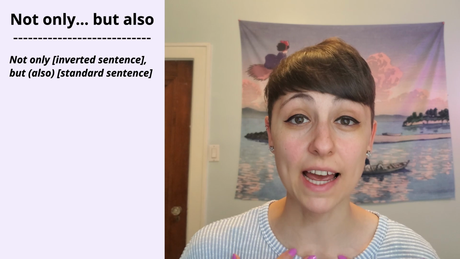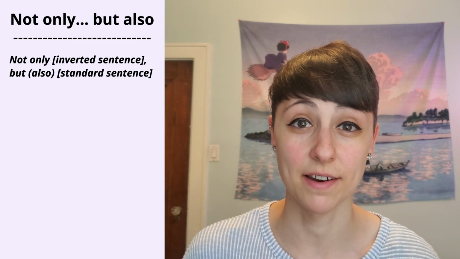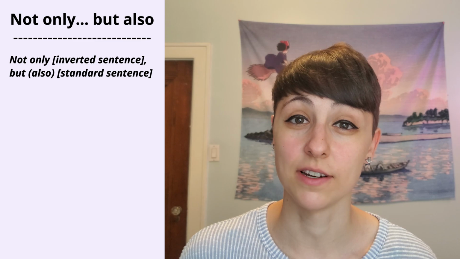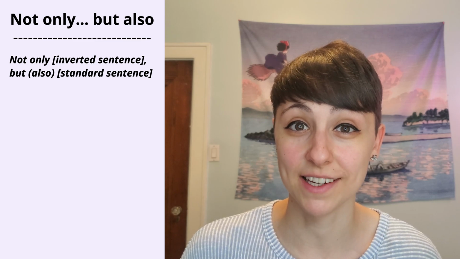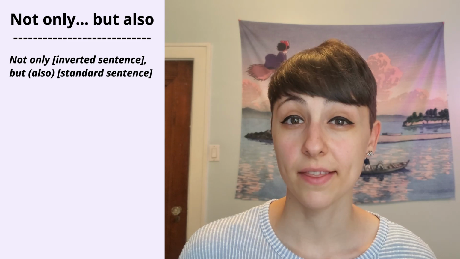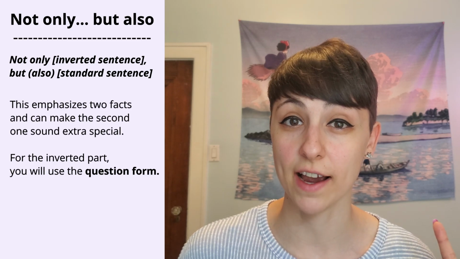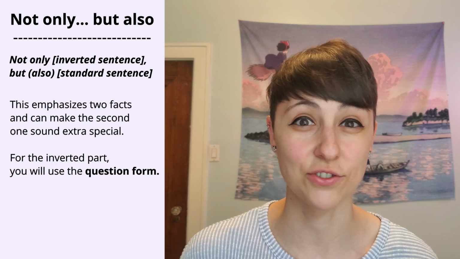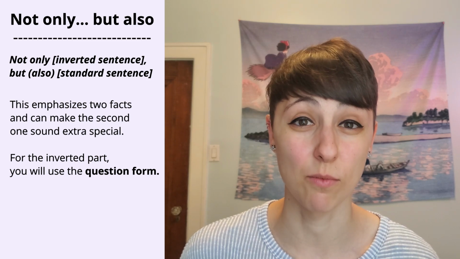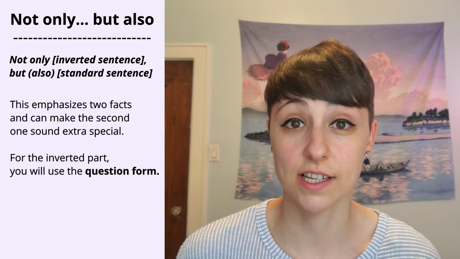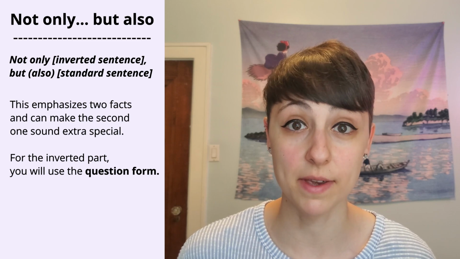Let's start with what I think is probably the most common inverted sentence structure, because I use this one in conversation very frequently. Not only, but also. This emphasizes 2 facts and can also make the second one sound extra special or even more impressive. It's like saying, in addition to A, also B.